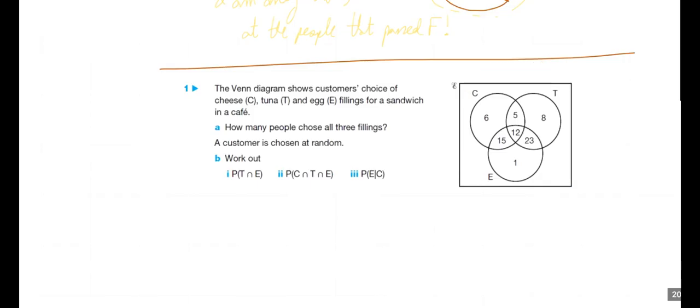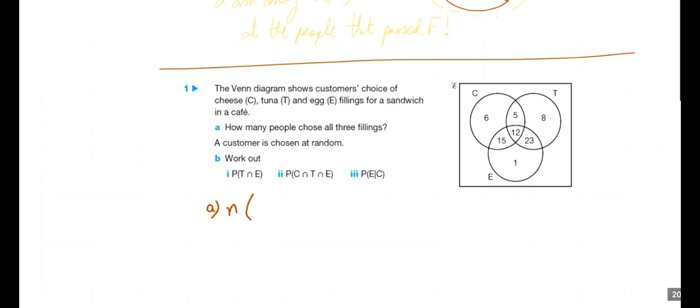First question is how many people chose all three fillings? I mean, what's the answer to the first one? Go on. 12 out of... No, no, it's just how many. It's not asking you for probability. Oh, yeah, so you can say number of people.